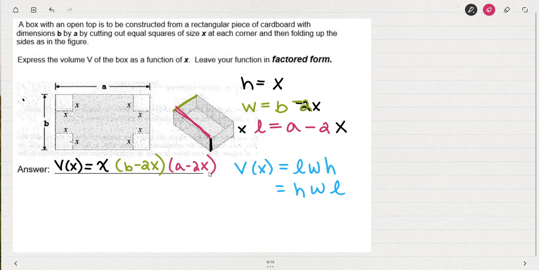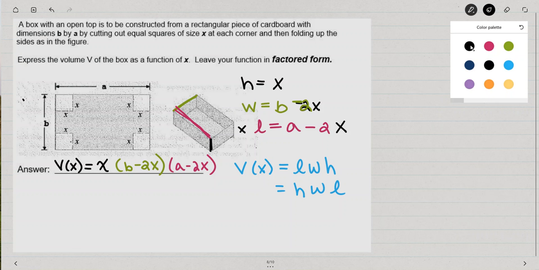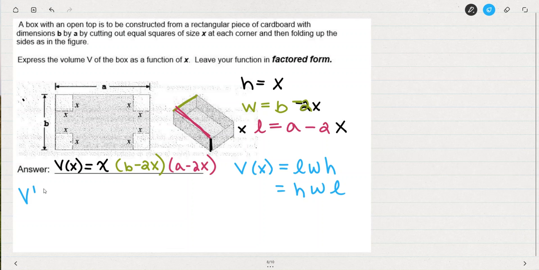Now, if I wanted to find the optimal volume, if I took this to the next level, said, well, now that I've expressed the volume as a function of x, let's find what size the x would be so as to maximize the volume of this box. Then what I'm going to do next is I'm going to find the derivative of the volume.